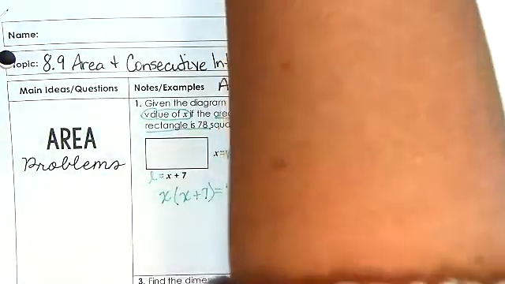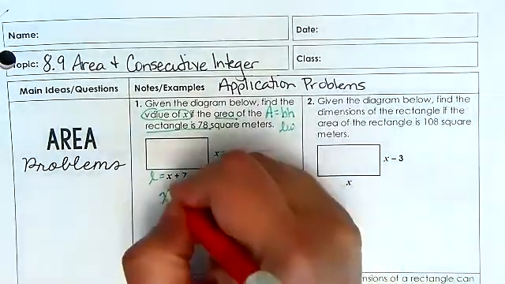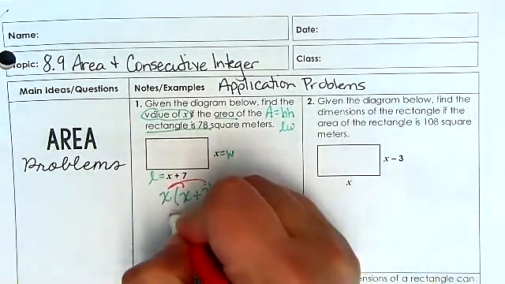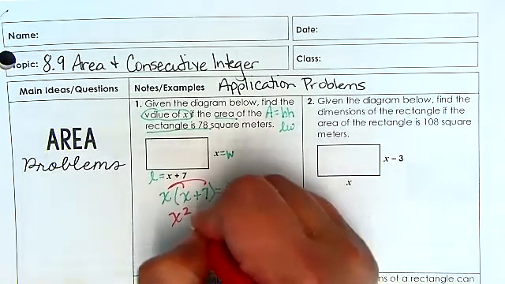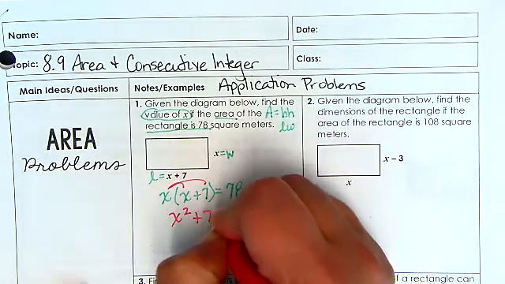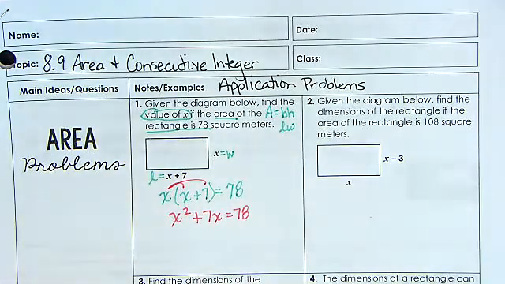And now we solve. I'm going to have to distribute the x, and that's going to give me x squared plus 7x equals 78.